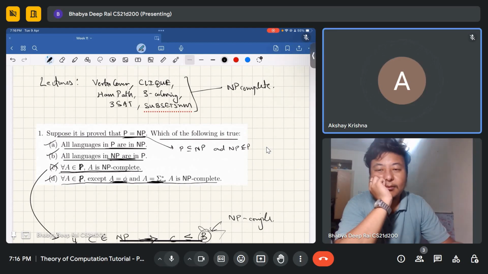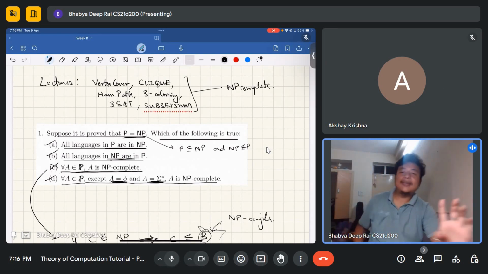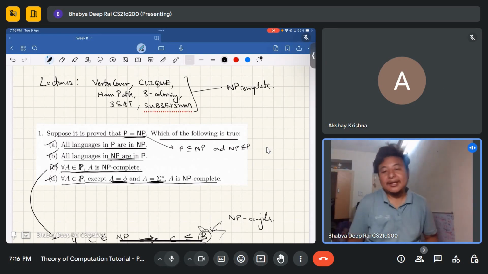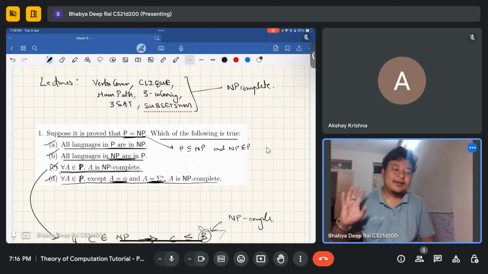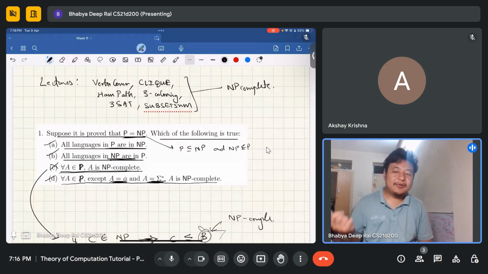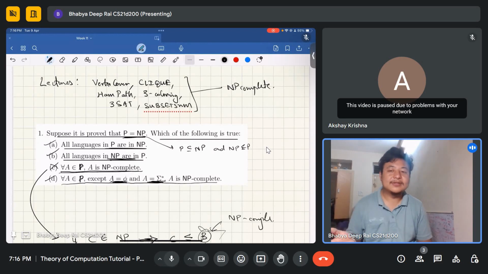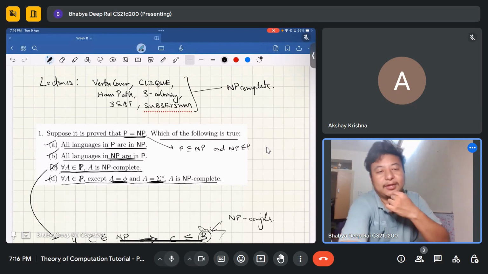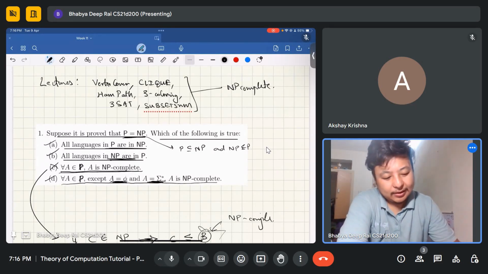You get why phi and sigma star cannot be NP complete, because if phi was NP complete, then for any language in P, or NP for that case, because we are assuming P equals NP, the answer would always be no. But that cannot happen.